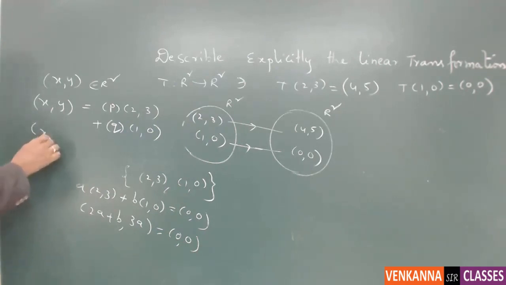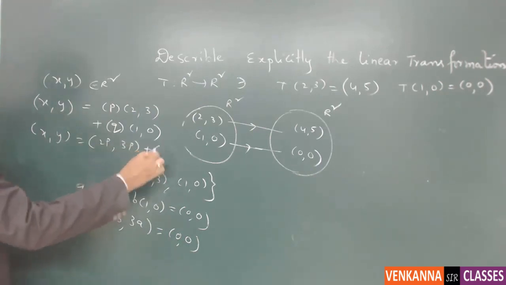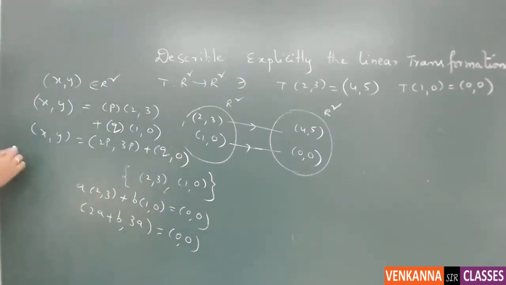So (x, y) is equal to... Now, can you give the value of Q here? So 3x minus 2y by 3.